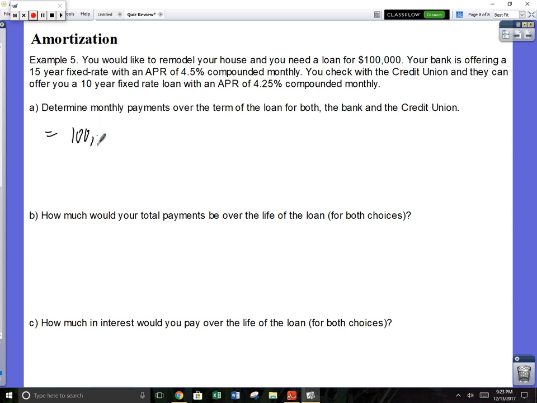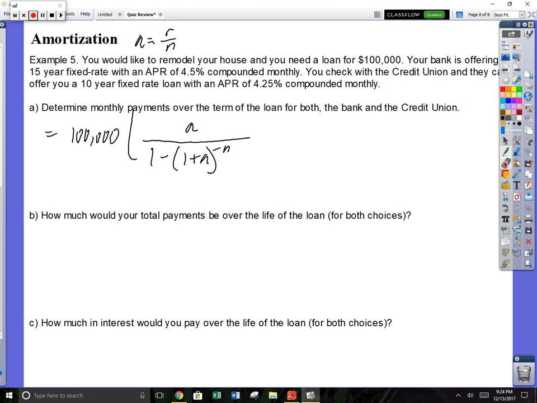That's 100 grand. I got to borrow 100 grand. Times that by a crazy fraction. Okay, I'm going to call that A. A equals R over N. On the bottom, it's going to be 1 minus parentheses 1 plus A parentheses to the negative N. Well, let me put in something for N, I guess.